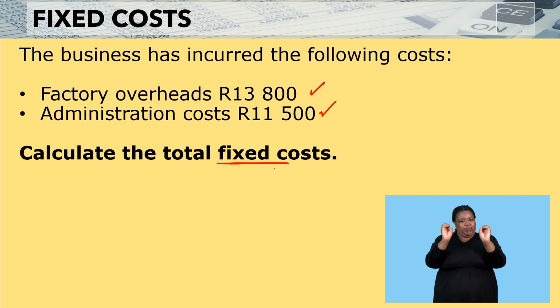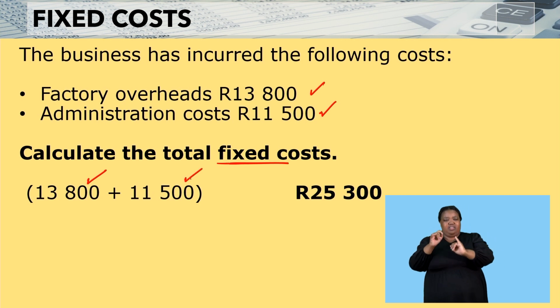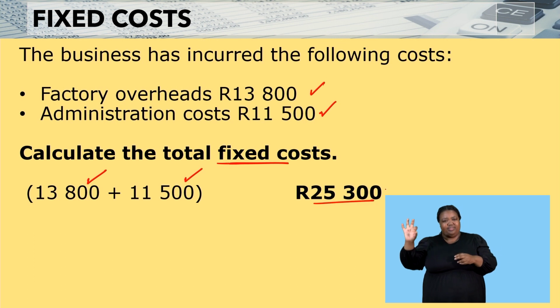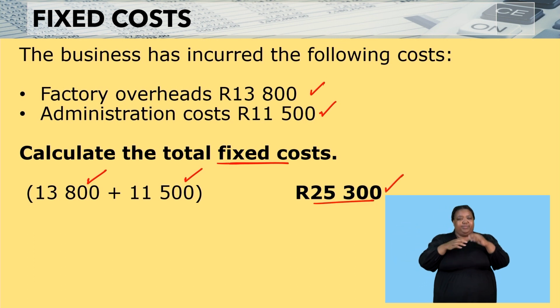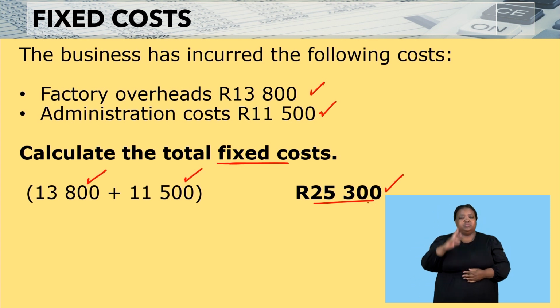We know that if we want to get the total fixed cost, we have to add our factory overheads plus our administration. So we now say factory overheads, 13.8, plus administration, 11.5. That will give you 25,300. That becomes my total fixed cost.